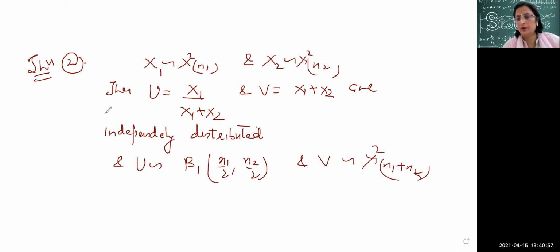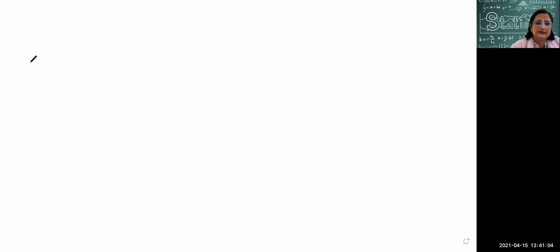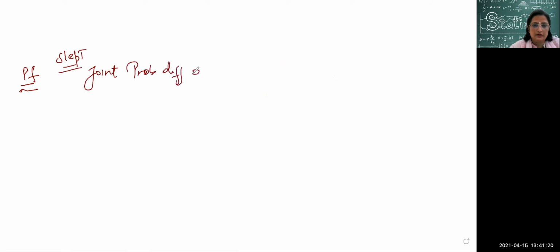So this is again the question of transform variables to find the PDF of the transform variables. So we will do according to the same procedure. So what is the proof? Again, step number 1. We will start from the joint probability differential. The joint probability differential of x1 and x2 is given by, same as we have given in the previous screen.